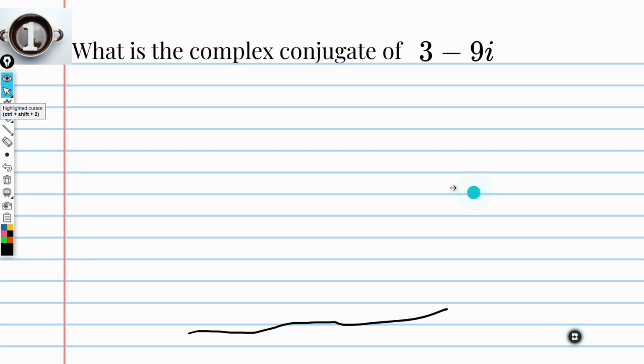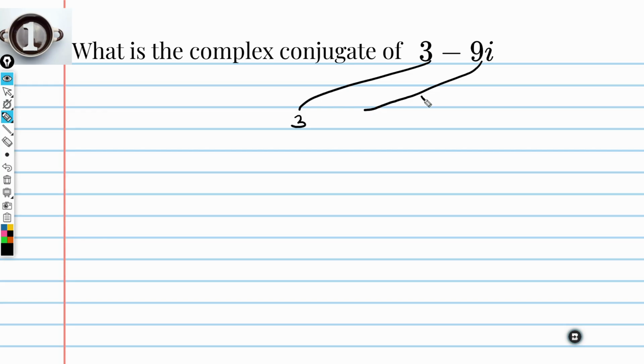So let's go ahead and practice a few of these. So the real number part stays the same. Our imaginary changes, and so that becomes a positive 9i. So let's do another one.